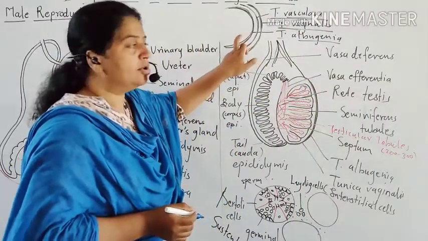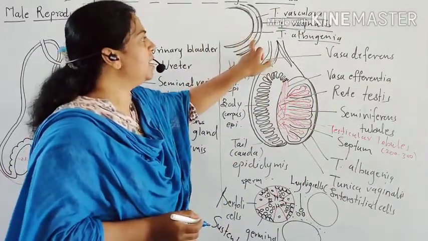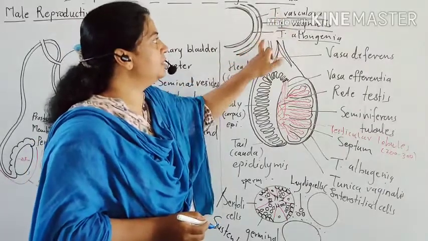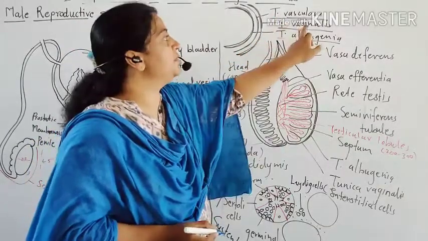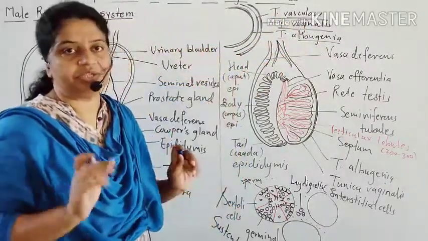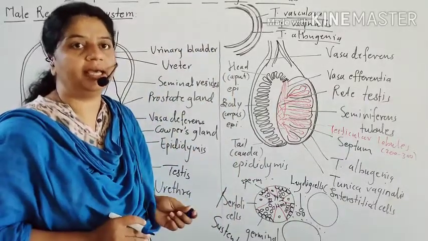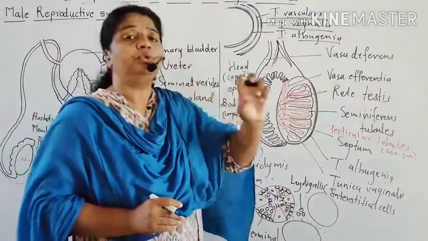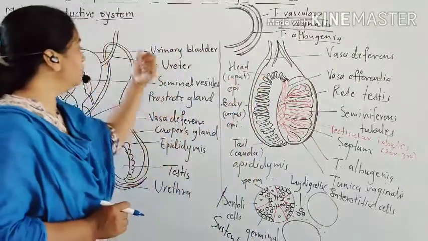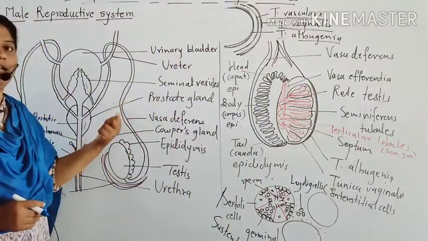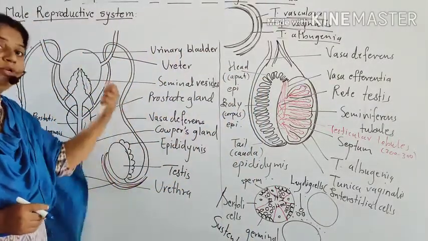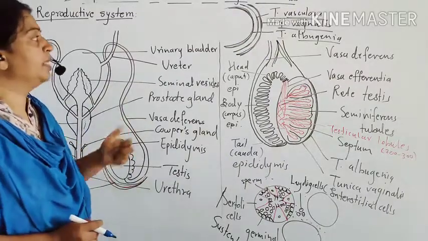The innermost layer is the tunica albuginea, the middle is the tunica vasculosa, and the outermost is the tunica vaginalis, the incomplete peritoneal layer. It proves that testes develop inside the abdomen before birth.